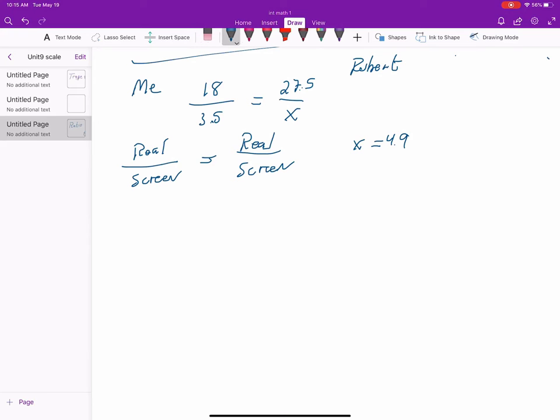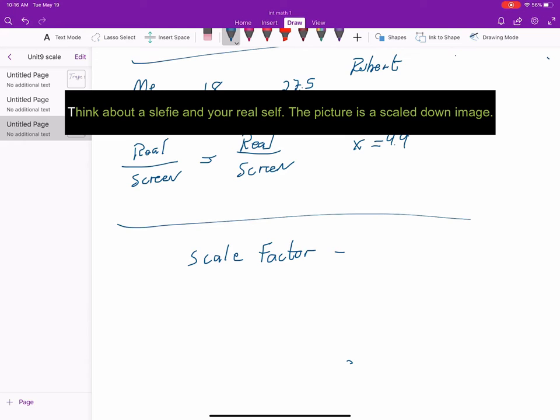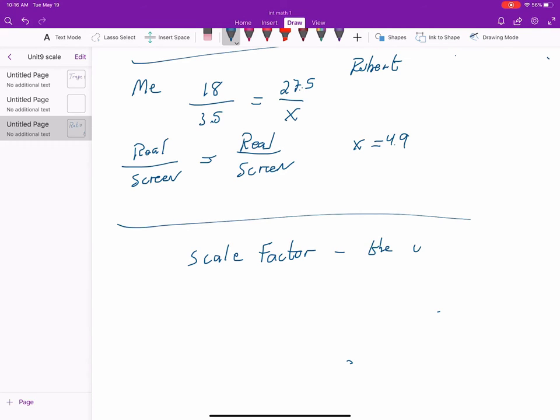Another idea behind this whole ratio and proportion is scale factor, and we're going to talk a lot about scale factor. So what exactly is scale factor? It is a number that represents how much smaller or bigger an image is compared to the pre-image.